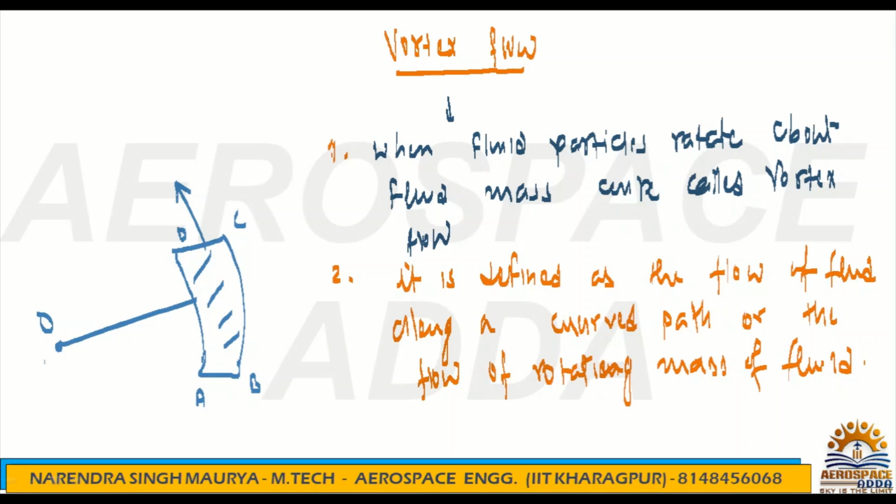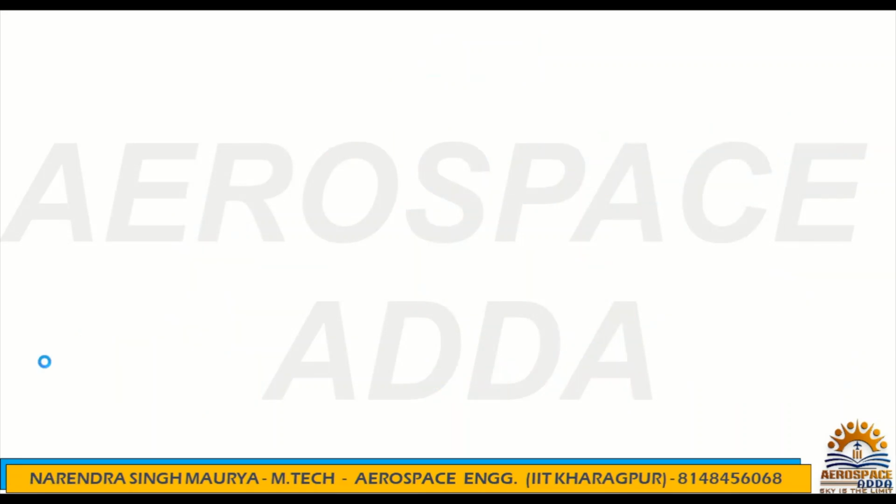Okay, an example of vortex flow is basically a basin.